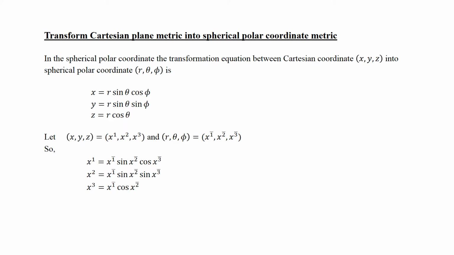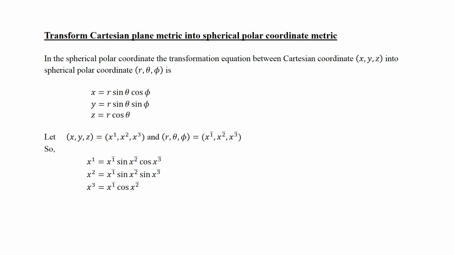It changes into r cos phi. If in the first term the angle of cos is phi, then in the third term of z the angle will be theta, and if in the first term the angle of cos is theta, then in z it must be phi. These are in reciprocal form, and our results will be changed.